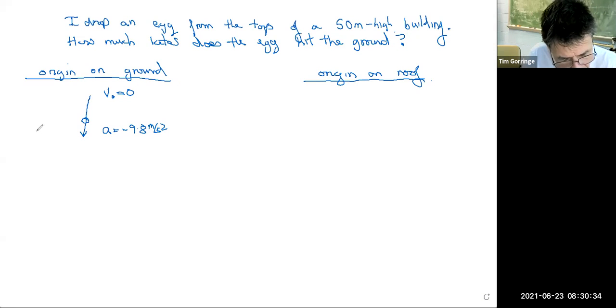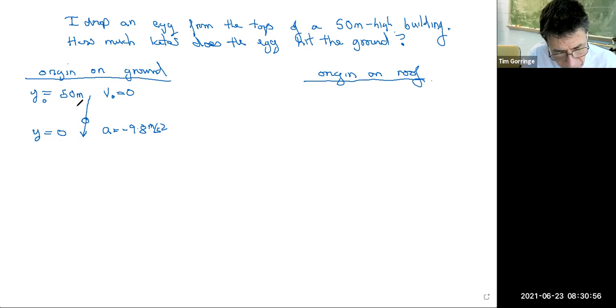In this case, I'm calling the ground the origin. So the final location of the egg is at the origin, and the initial location of the egg, y0, is going to be 50 meters. That's the rooftop of the building.